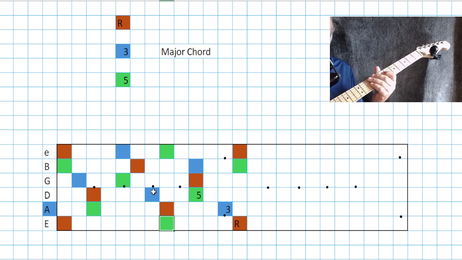So once again, we've gone through basically all our options here except one. We've gone in between the 3 and the 5, between the root and the 3. What else is there? There's something between the 5 and the root, and as you can see here, it's got the most notes in between it.